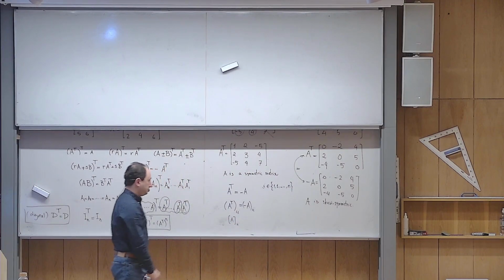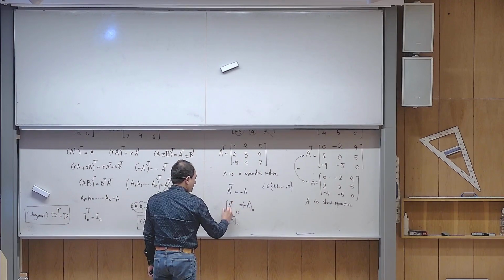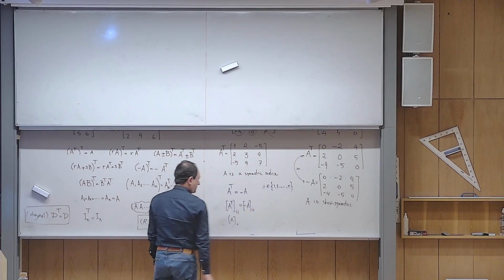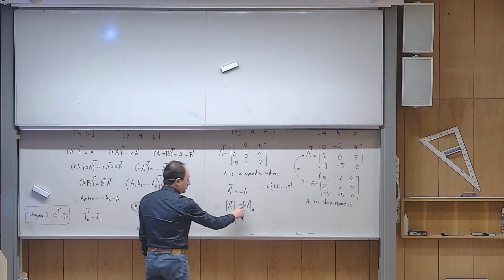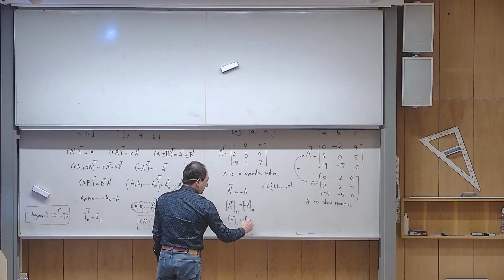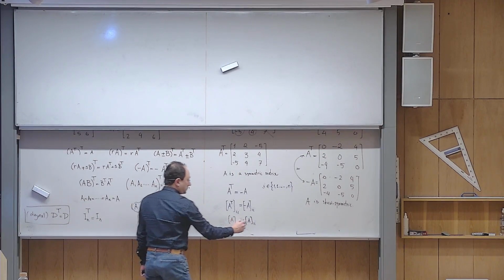Yes? In principle, let me just stick to my convention. I use these square brackets. And you already know that for minus A entry, I can take this minus sign out. Then I move this to the other side.